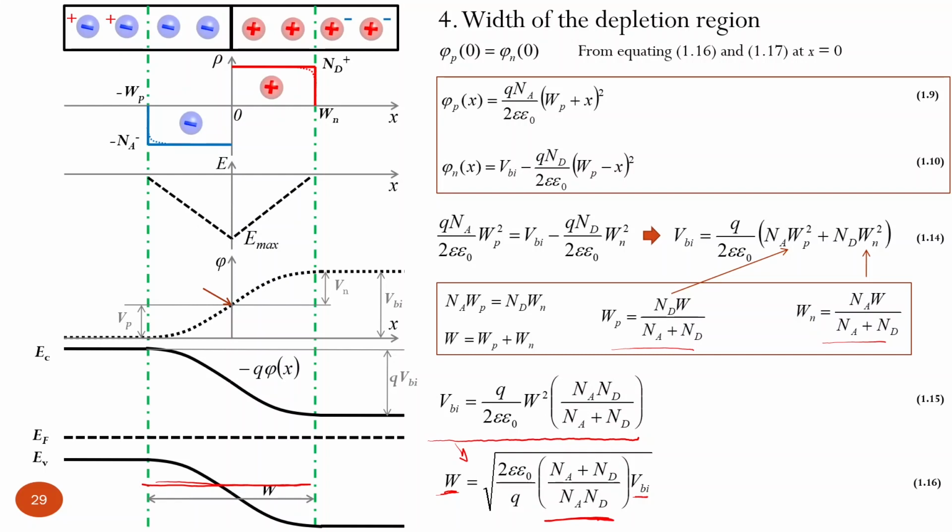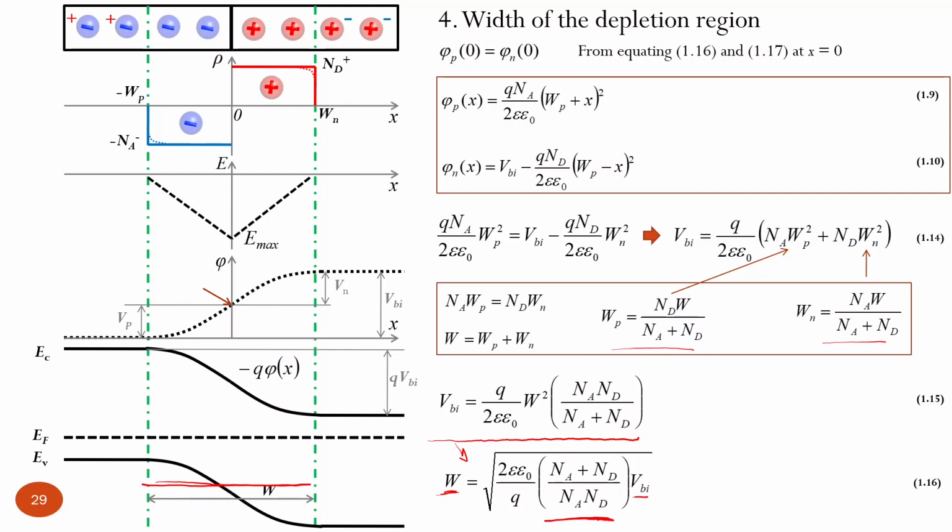I thought the equation would be squared because WP was squared. Which equation? The VBI. If you put WP, which is ND W over NA plus ND, into equation 1.14, then to VBI, right? Yes.